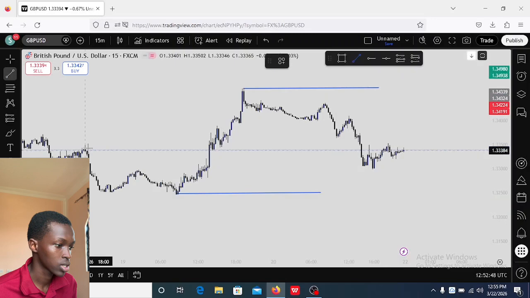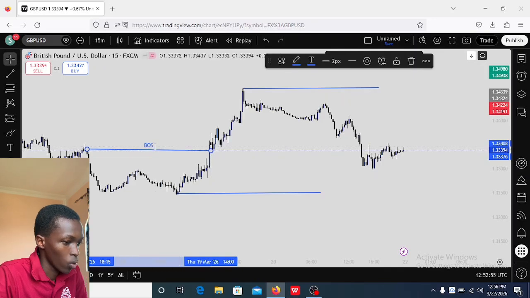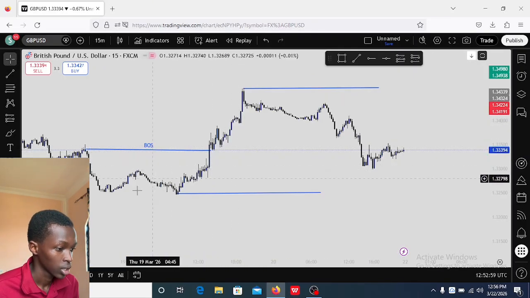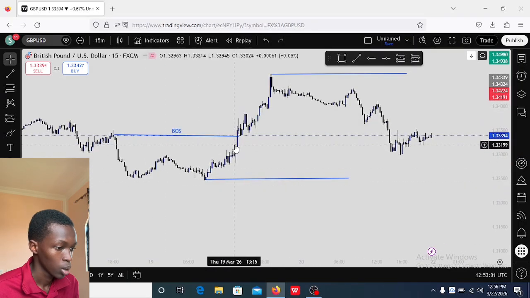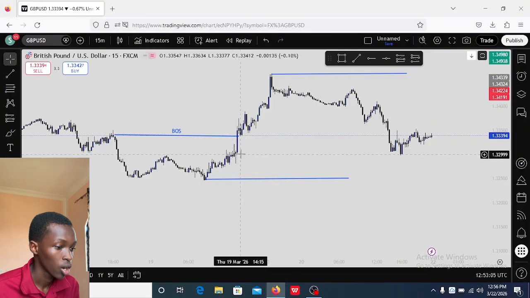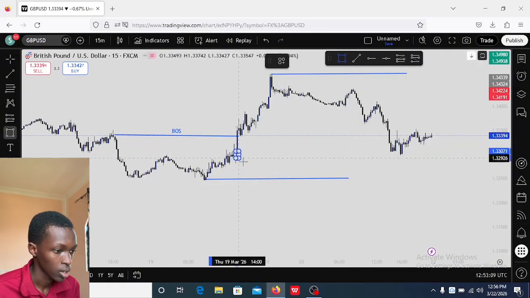So what I do is I mark out the break of structure and label it BOS. And when you mark out the break of structure, I simply look for the last candle before the candle that broke the structure, which is this one.